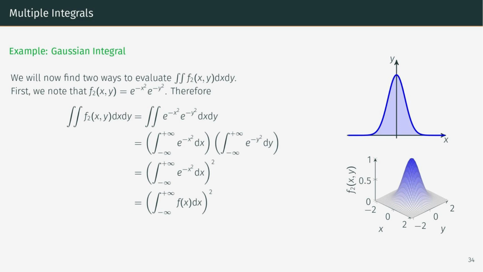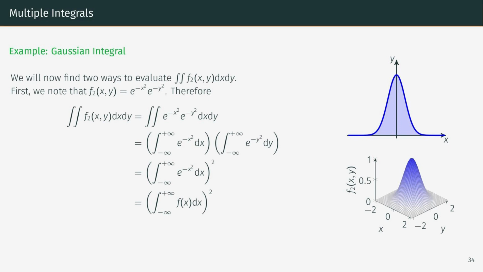First, we should note that f2 of x, y is equal to e to the negative x squared power times e to the negative y squared power. Therefore, the double integral of f2 of x, y dx dy equals the double integral of e to the negative x squared e to the negative y squared dx dy.